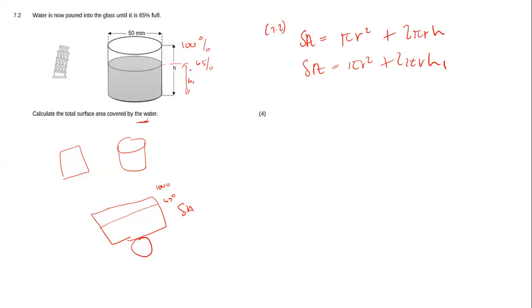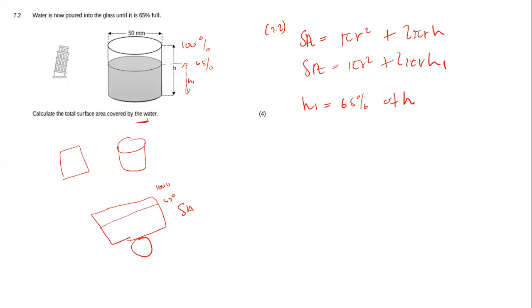So how are we going to determine this height to start with? To determine height h1, this is what is happening. h1 is going to be 65% of h, which is the initial height that we got. So 65% plus this percentage, we're going to get 100%.